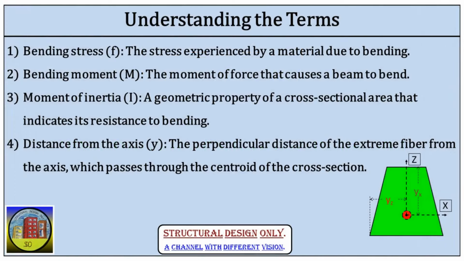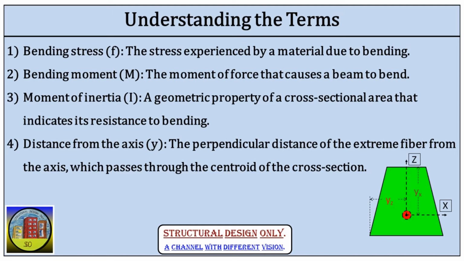Title of this slide you are watching is, Understanding the Terms. Understanding the terms is essential for grasping the concept of section modulus. Let's start with bending stress, F, which is the stress experienced by a material when it bends. Bending moment is the force that causes this bending.